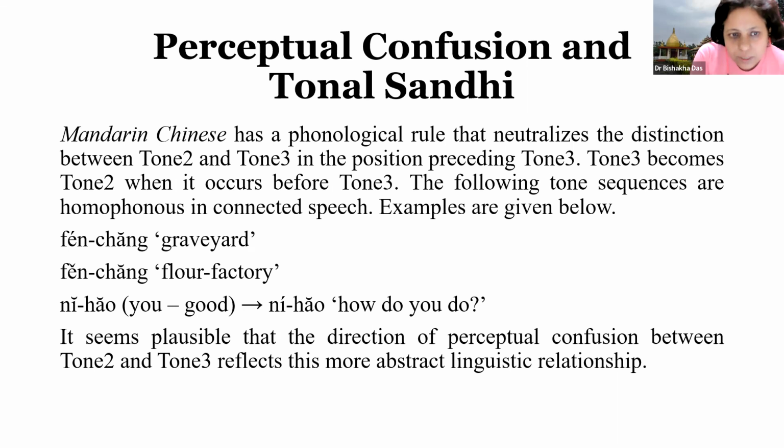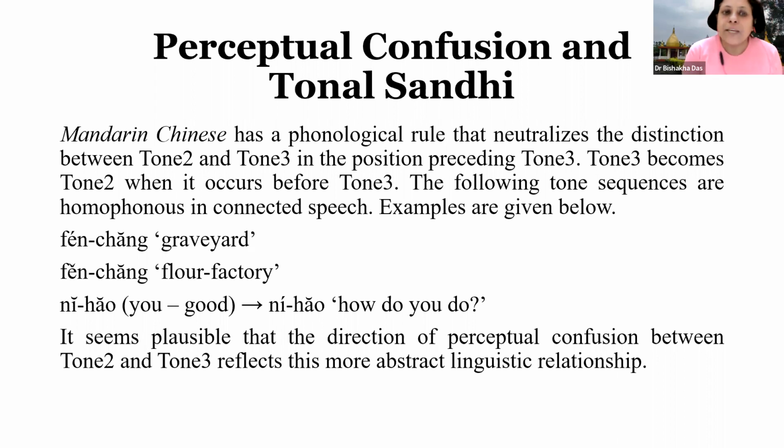Now, what about the second word, fen chang, where both are tone 3? Both tone 3 are not possible. So in this case, what happens? The first one is perceived as tone 2, that is high rising pitch.